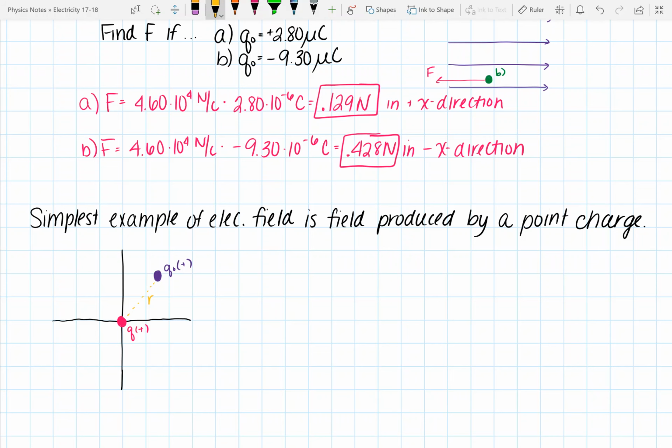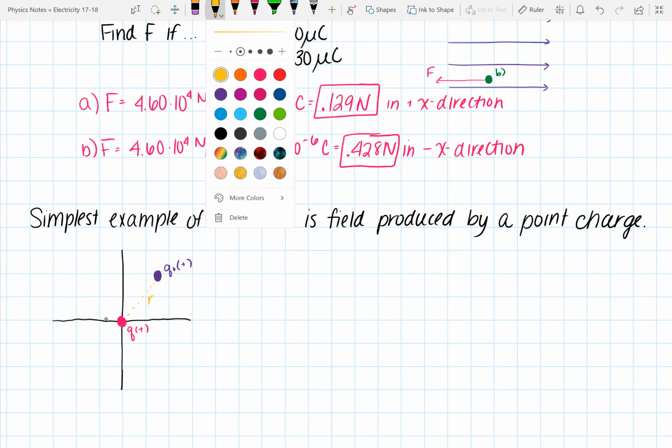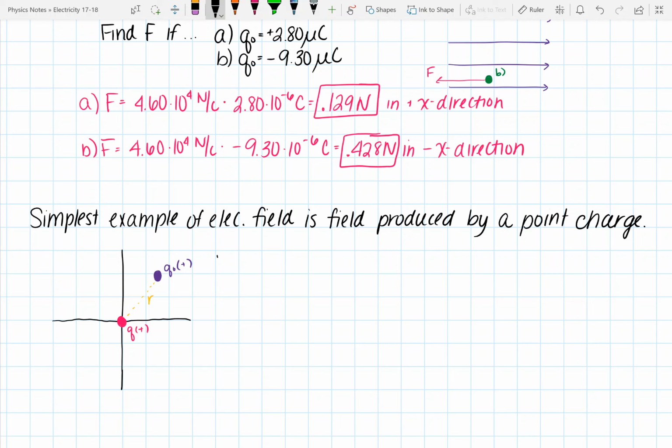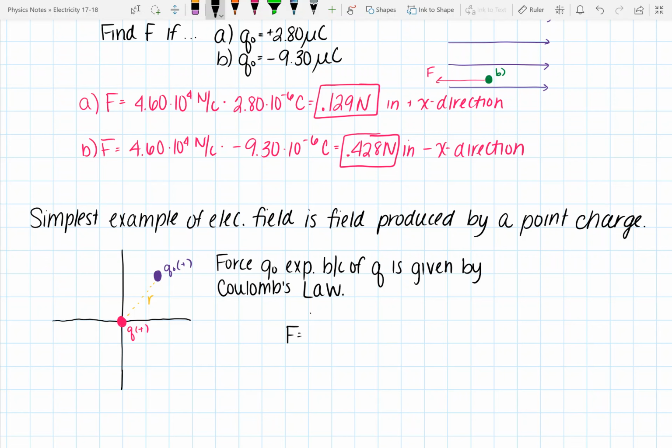The force that it experiences obeys Coulomb's law. So the force that Q0 experiences because of Q is given by Coulomb's law. That means the force is K Q Q0 over R squared.